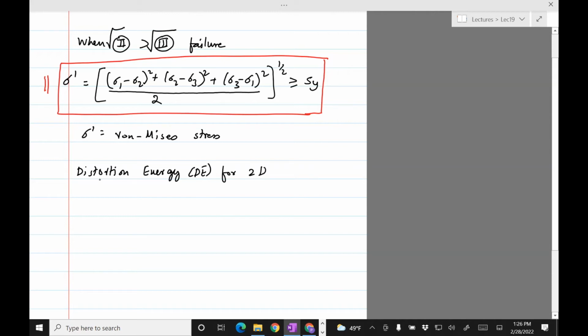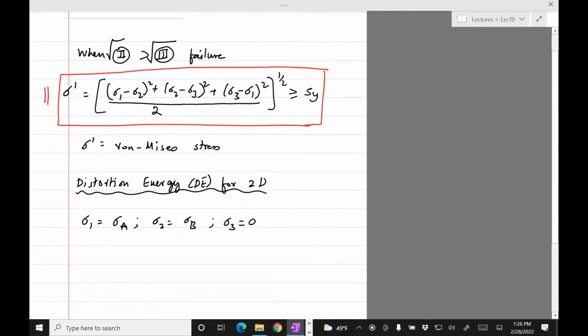For 2D, sigma 1, let's call that sigma A. Sigma A is clearly one of the principal stresses found from the Mohr circle. Sigma 2 is sigma B. And then sigma 3 is 0. Plane stress will have one stress 0. So if you put that in, let's call this formula 4.